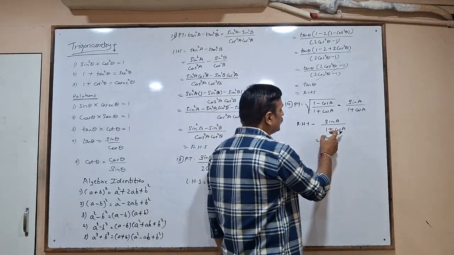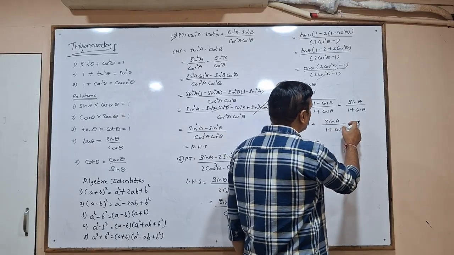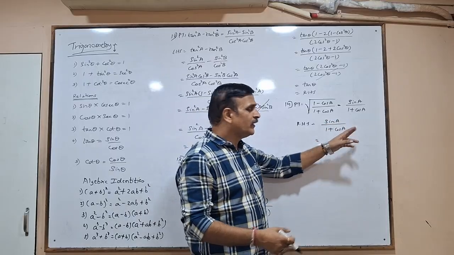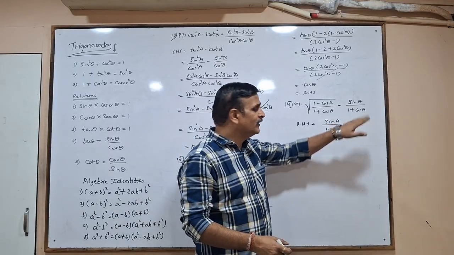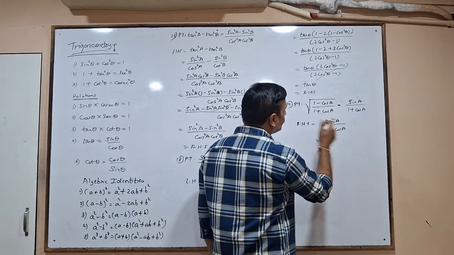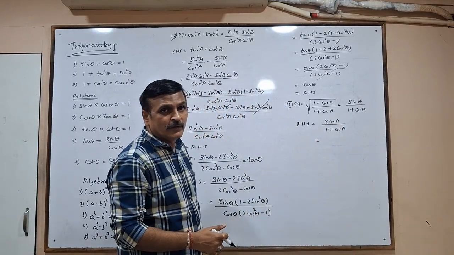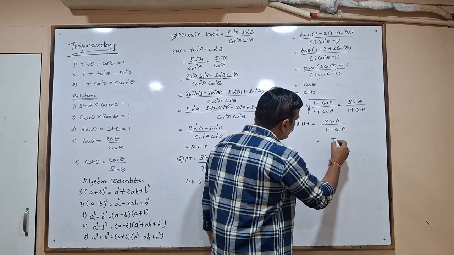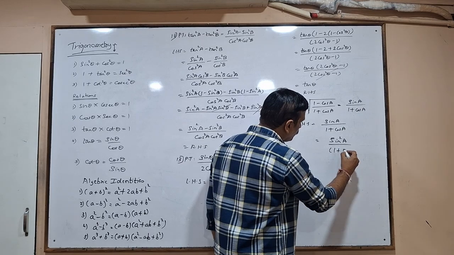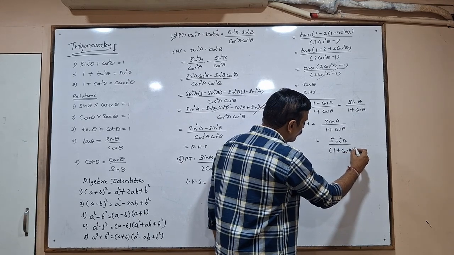To get the root, this should be in square. Root and square cancel each other and I get this term. So, how to square this? I can do this step. Sin square A upon 1 plus cos A, the whole square.